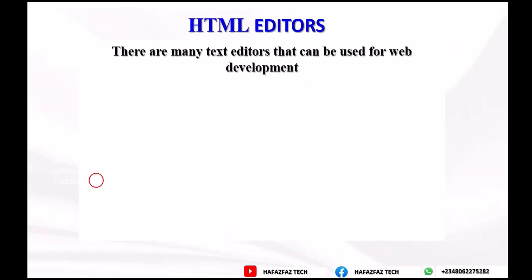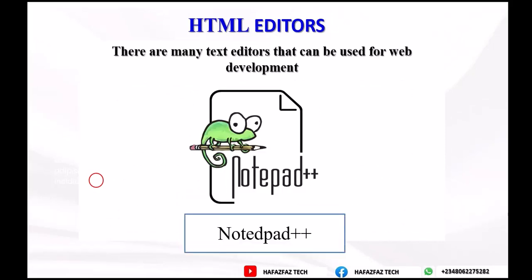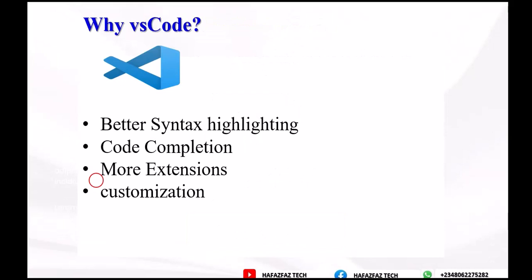And then we have Notepad++, which is like an extension of Notepad, and it also has a very good interface. So of all the software that I've mentioned, some are free while some are not free. VS Code is free and open source, while Sublime Text is not free. Before you can get full access to Sublime Text, you have to subscribe to the premium version.